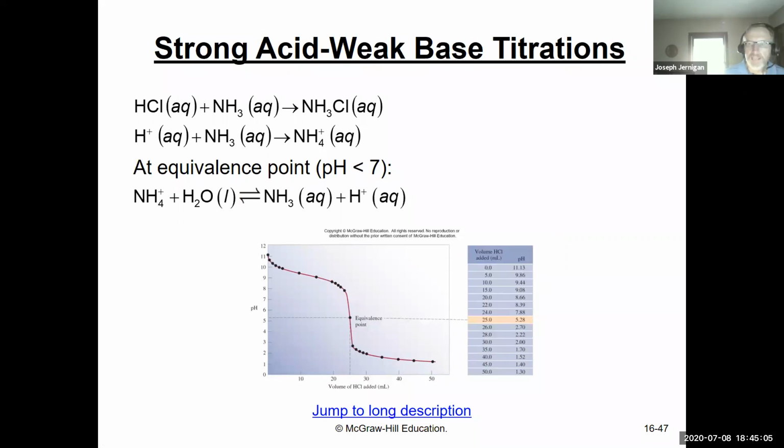Ammonia, of course, reacts with protons from HCl to form ammonium ion. And you will reach an equivalence point, just as we've talked about earlier, and you will be able to quantify the amount of unknown weak base in your system by knowing the concentration of added strong acid titrant.